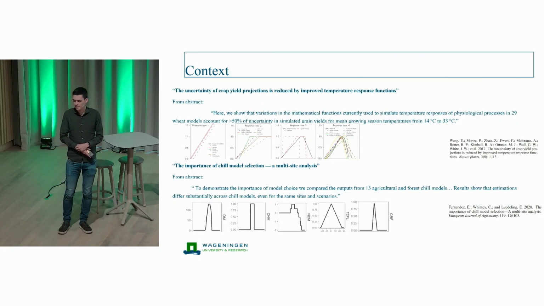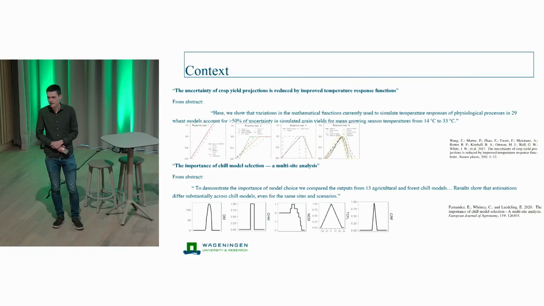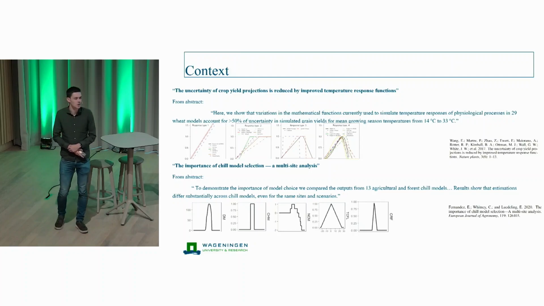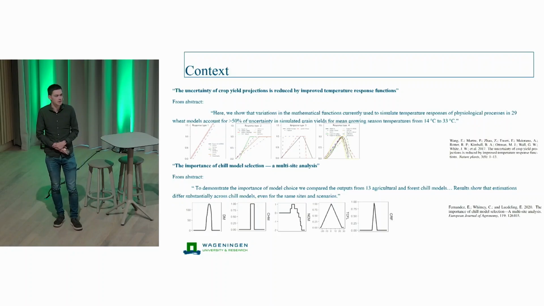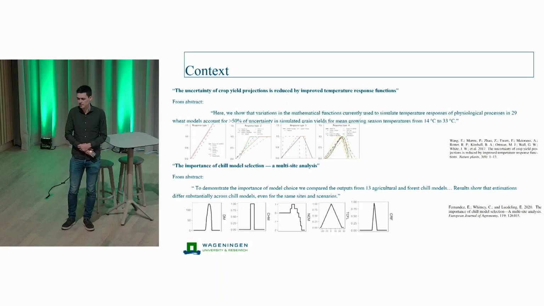Despite being quite a core component, they can show quite some structural discrepancies between models, which can have a large impact on simulated yields, for example. So the choice of model usually introduces quite a strong bias in your results.